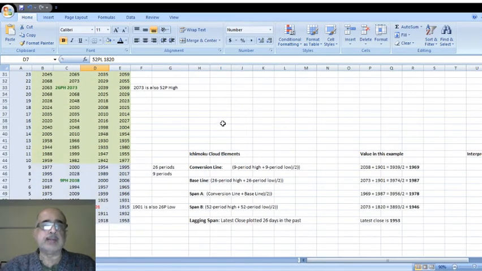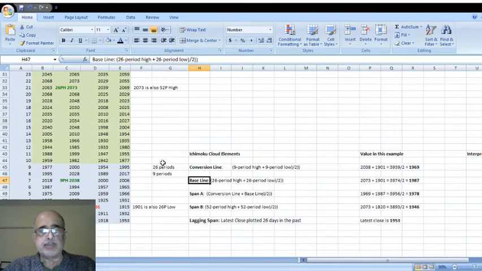Now let's calculate the Ichimoku values for the current close, which is 1953. The conversion line is the 9 period high plus the 9 period low divided by 2. That's 1901 plus 2038 divided by 2, and you get 1969. The baseline is the 26 period high plus the 26 period low divided by 2, so 2073 plus 1901 divided by 2, you get 1987.